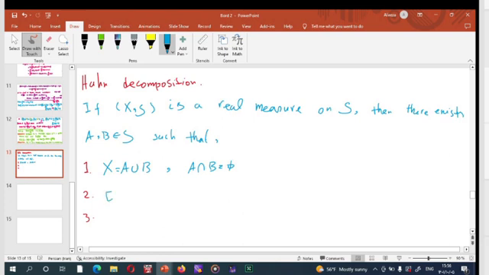If E belongs to S and is a subset of A, then, sorry, I forgot.